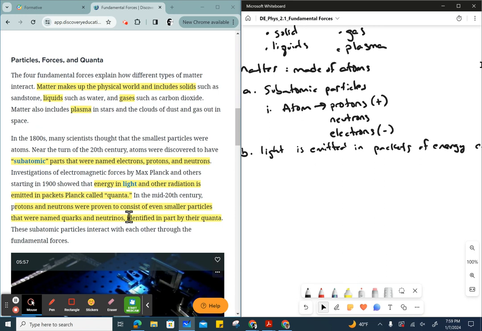Protons and neutrons were proven to consist of even smaller particles that were named quarks and neutrinos. So let's write this down. We're talking about quantum mechanics right now.